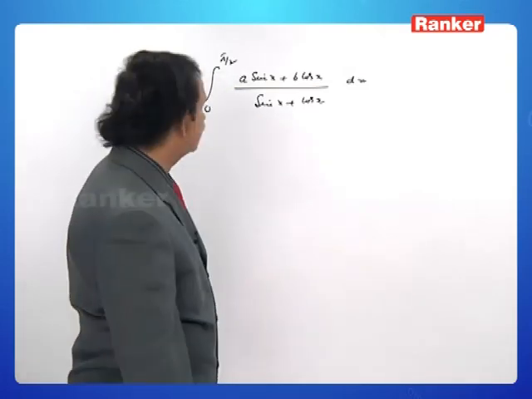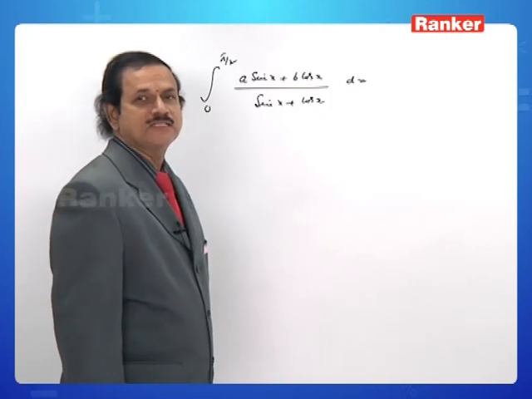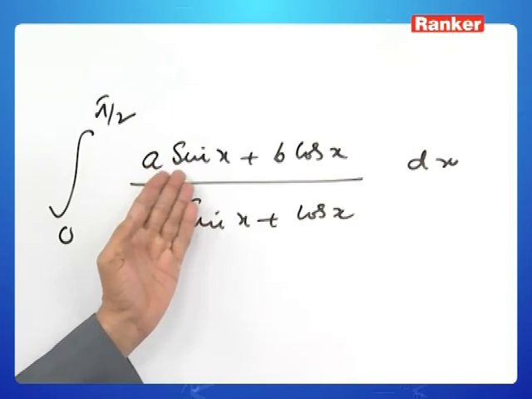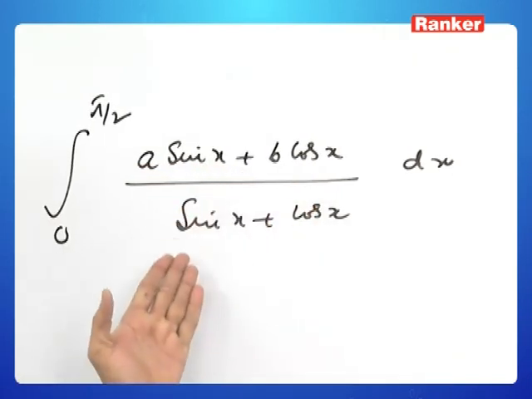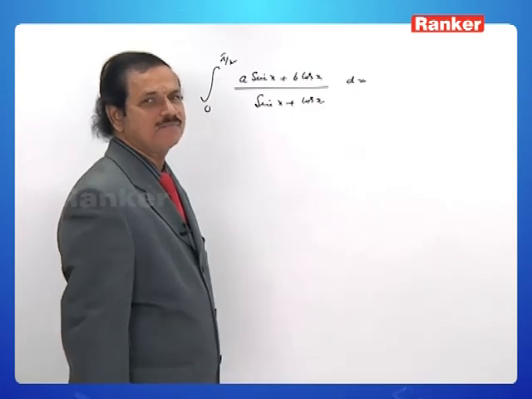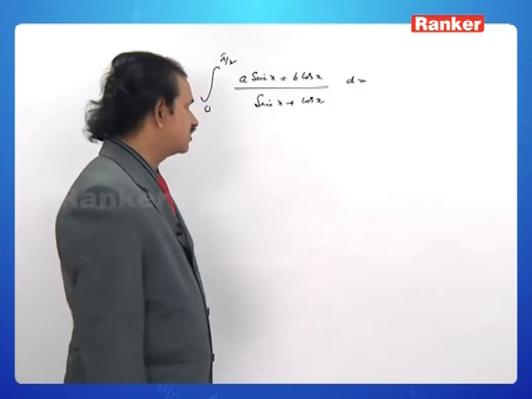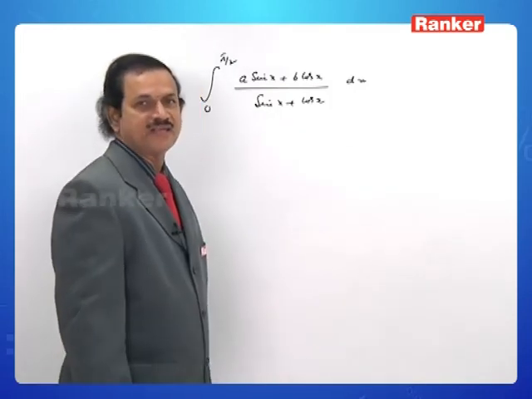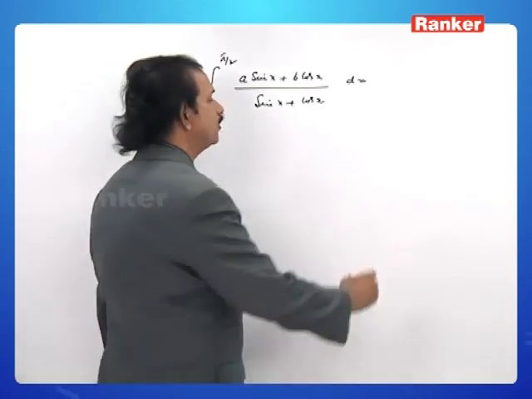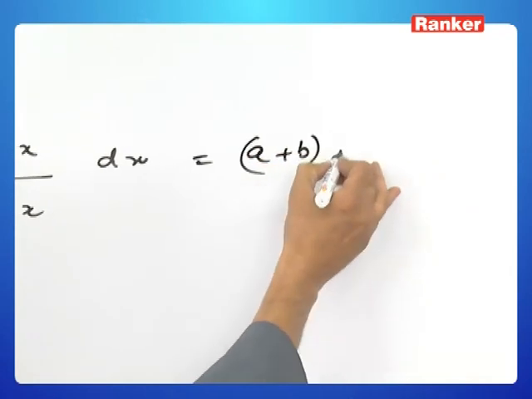What happens if you apply the formula integral 0 to a f of x dx is equal to f of a minus x dx? Then it is a cos x plus b sin x by cos x plus sin x. That will be I. You add that, I plus I is equal to a plus b sin x plus a plus b cos x by sin x plus cos x again, and sin x plus cos x can be cancelled, leaving you a plus b into pi by 4, isn't it? A plus b into pi by 4.